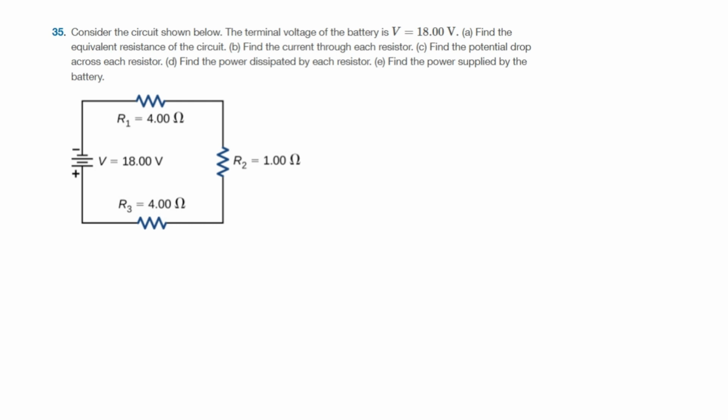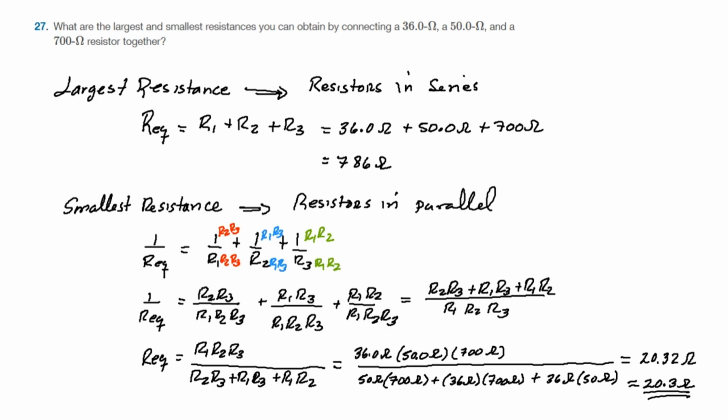I would like to highlight something. The equivalent resistance of the resistors in series is always larger than the resistance of the larger resistor. So the largest resistor has 700 ohms. Your equivalent resistance was 786 ohms.